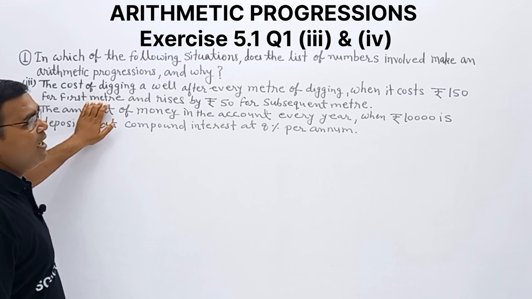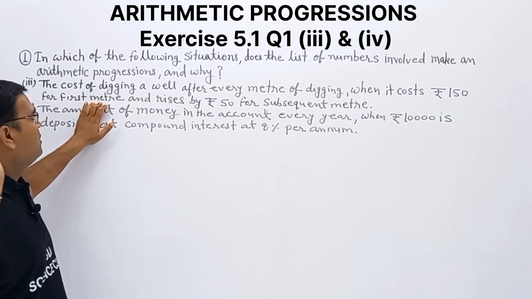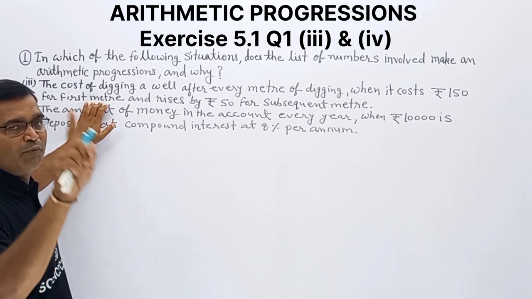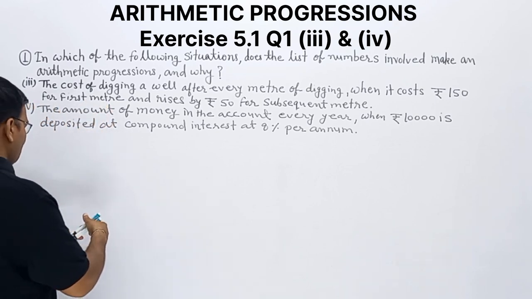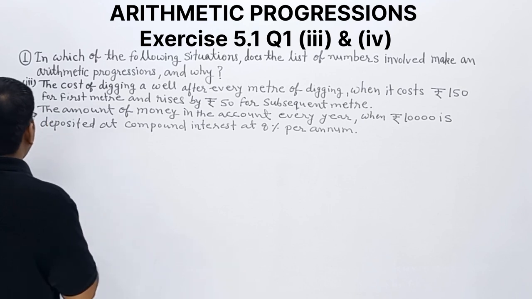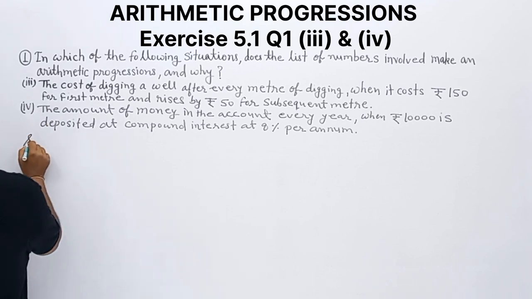For digging a well for the first meter, cost is 150 rupees.